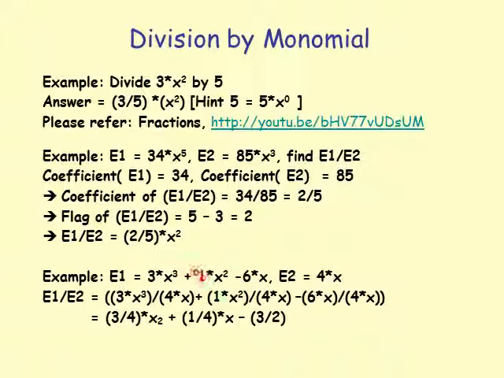That gives me 3/4 of x squared, 1/4 of x from here. Flag 3 and flag 1, 3 minus 1 is 2, that's flag 2. Flag 2, flag 1, 2 minus 1 is 1. And this is flag 1 and flag 1, minus 6 divided by 4 is minus 3 divided by 2.